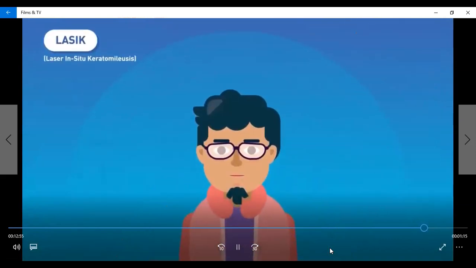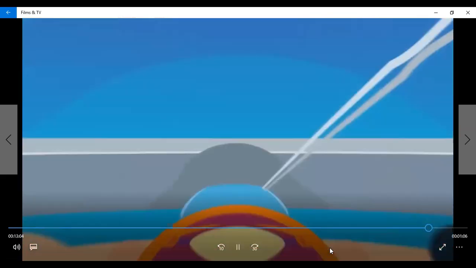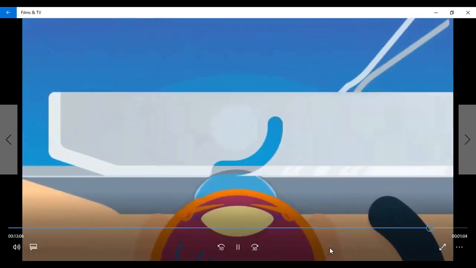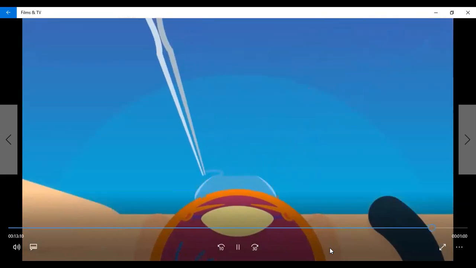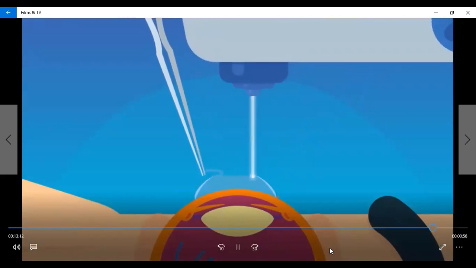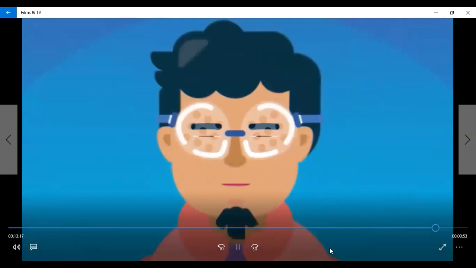LASIK, laser in situ keratomileusis, corrects up to 4 diopter, a famous and frequently performed surgery nowadays. In this procedure, a device, keratome, slices a flap of cornea, 160 micrometer. Laser is applied to change the corneal shape, and then the flap is repositioned.